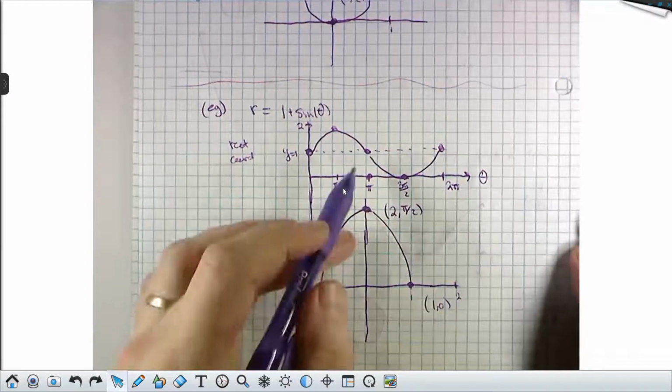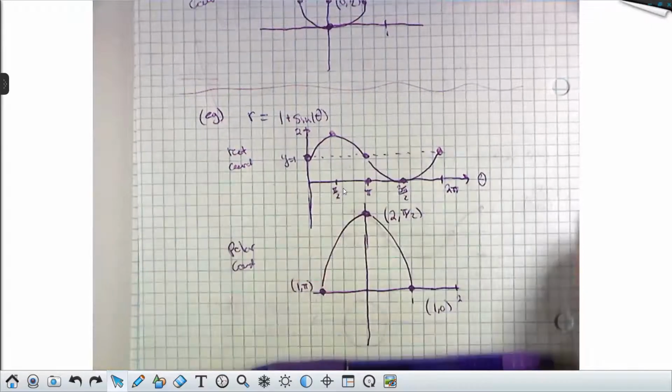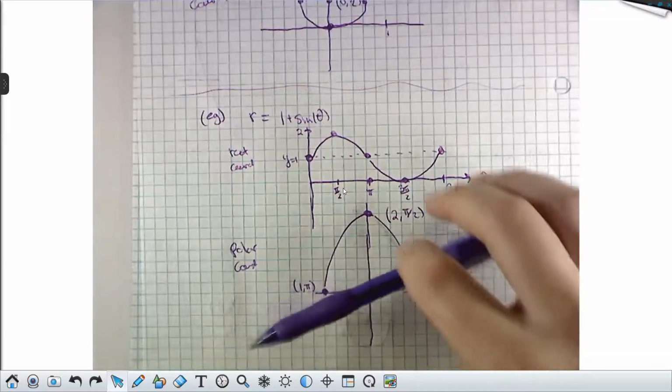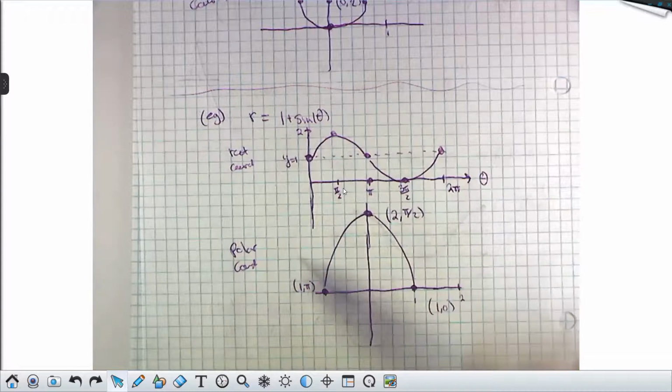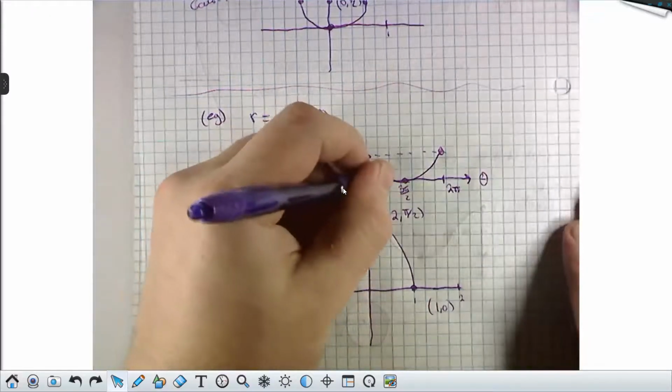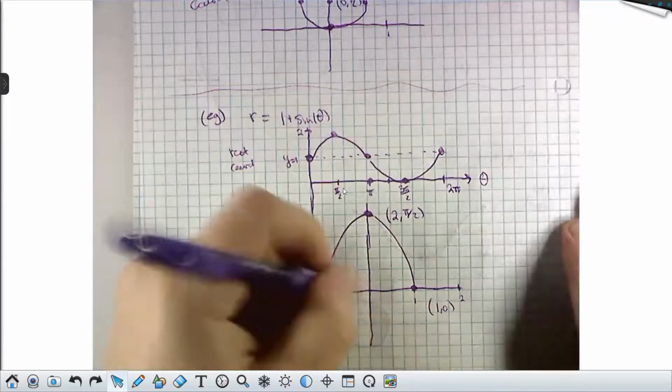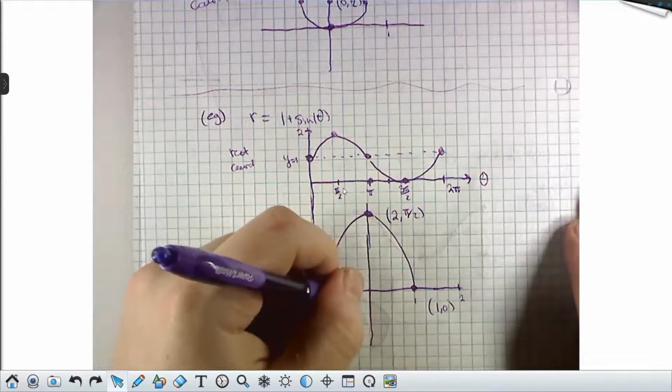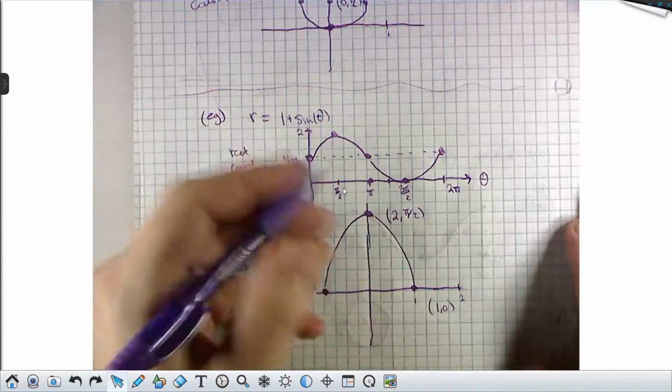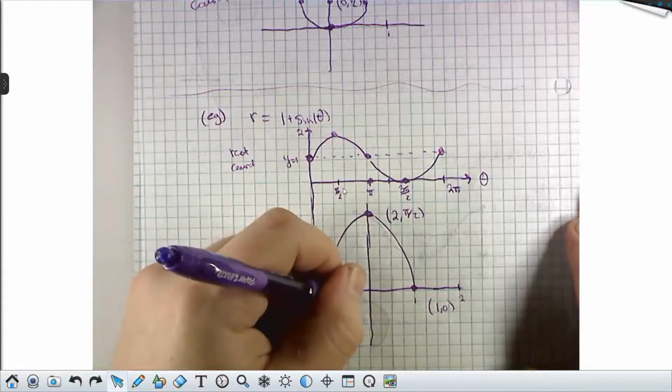And now as we rotate past pi, towards like 3 pi over 4, right here, my radius is coming in. At 3 pi over 4, we would be at 1 minus root 2 over 2, which is like 0.3.